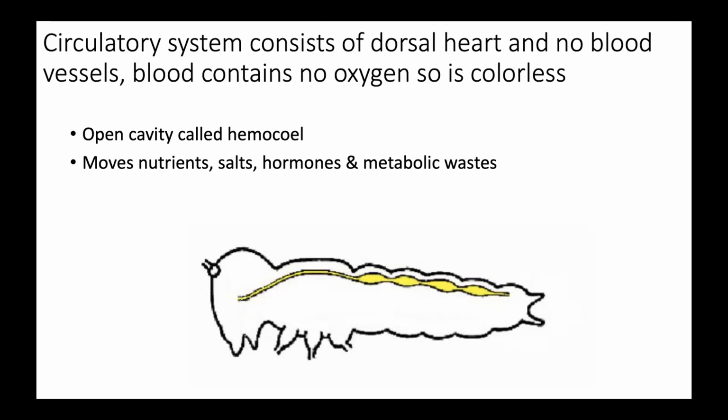What their circulatory system is used for is that everything gets pushed forward, and then in the hemocoel, which is what the body cavity is called, it rushes over and moves over the organs, and it moves the nutrients, the salts, the hormones needed, and all the metabolic waste. So that's how their circulatory system works. It's very different. Ours is a closed system, theirs is an open system.